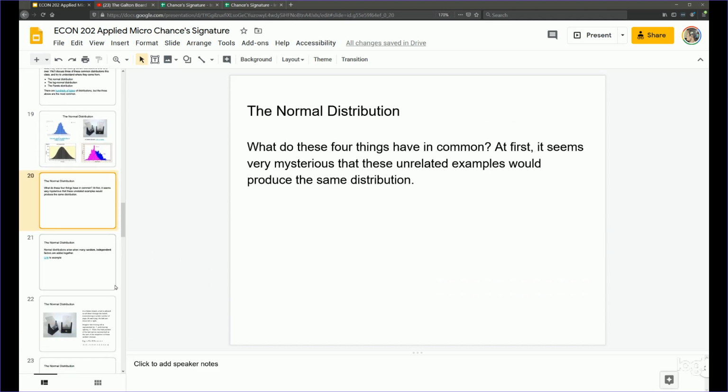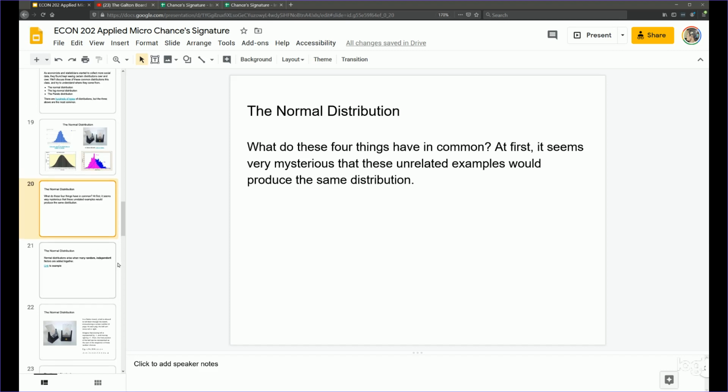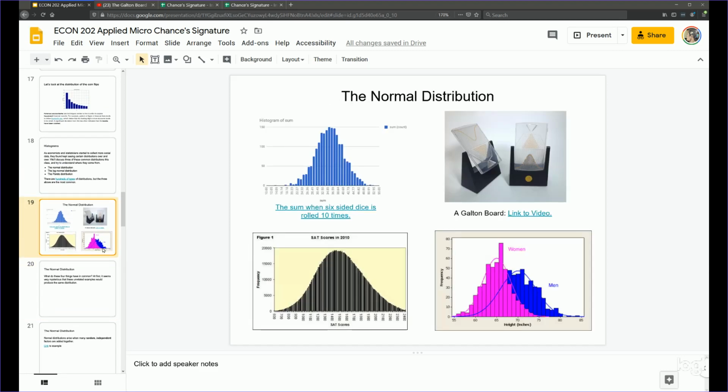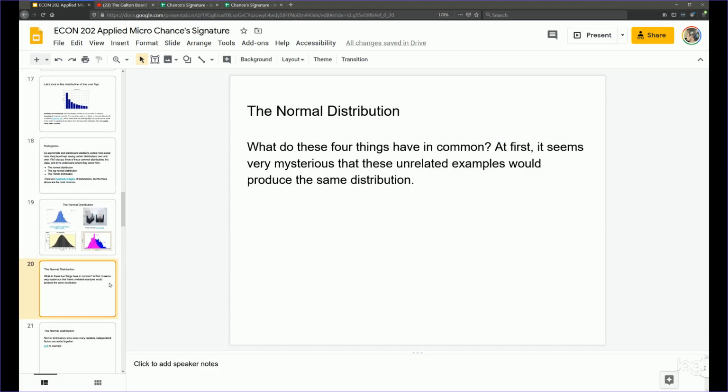Now here's my question for you. Why are all 4 of these things distributed normally? Think about it.